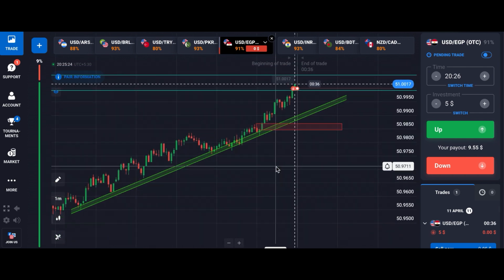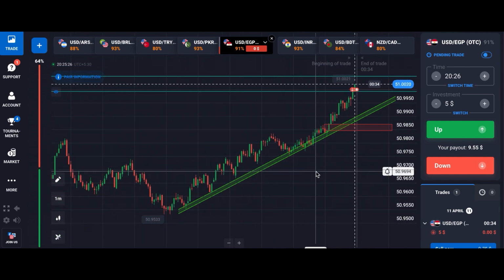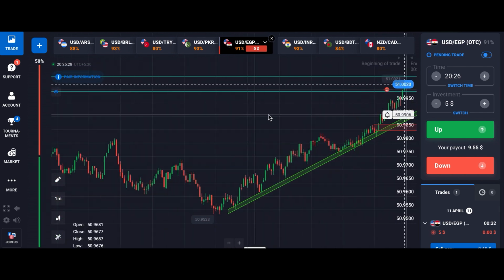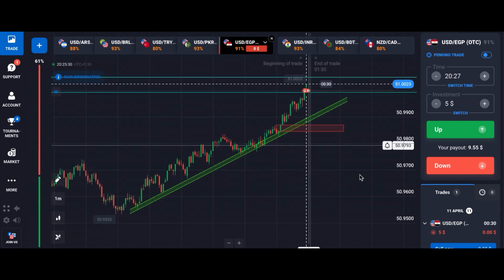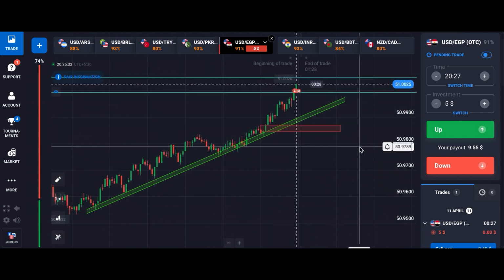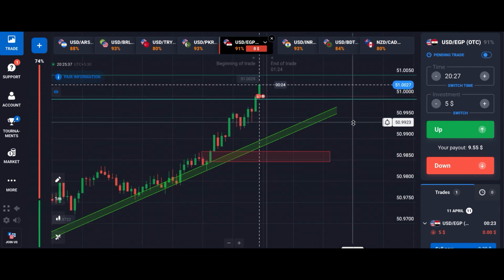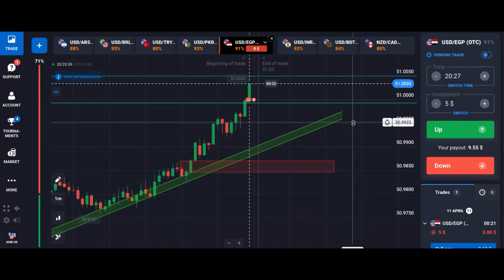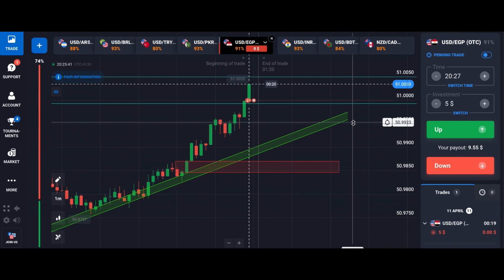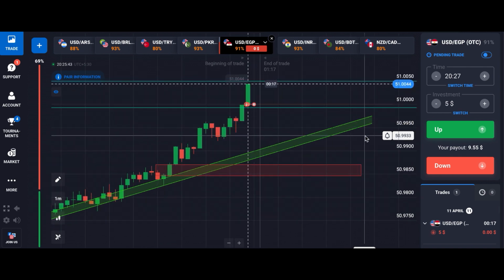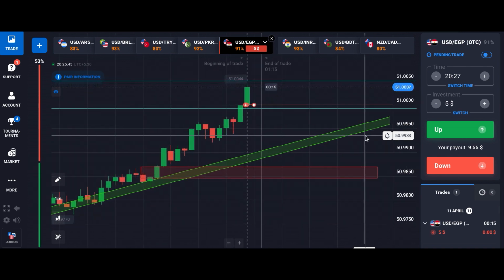I took the down trade in this zone because this is the fair value gap and the market has created this gap. After fulfilling this gap, the market has to give a reversal. That's why I took the down trade, and for now it's in loss, so we will take the MTG to recover our losses and to make some profit.